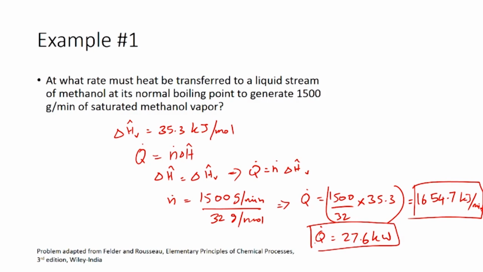However, usually in real scenarios problems are a little more complicated because the phase change might not be happening at its boiling point. Then you would have to assume a hypothetical path which would make the problem a little more complicated.